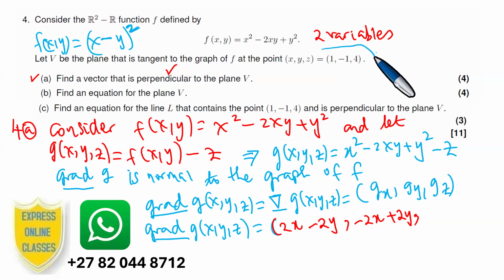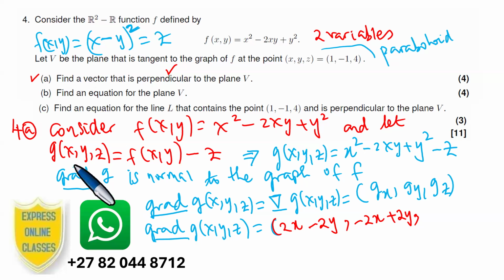So this one qualifies to be called a paraboloid. This paraboloid is f, but it is also z. So we have variables 1, 2, 3, so the points must be 3-variable points. The f is 2 variables, so we must introduce a third variable, and you always introduce a minus z.